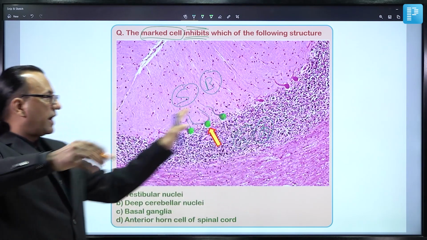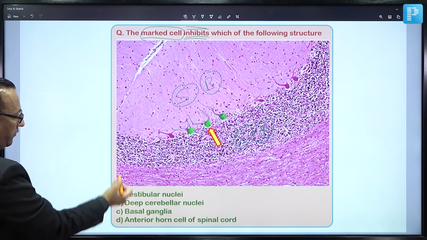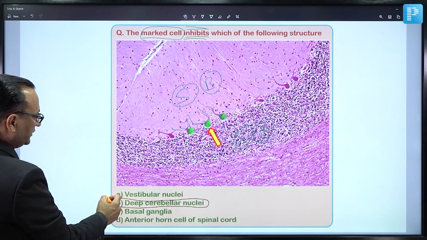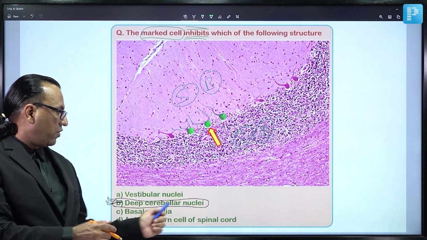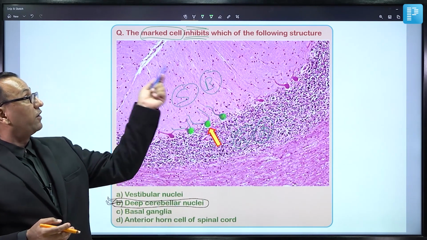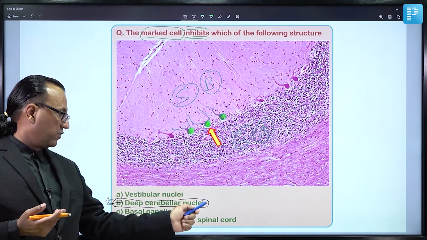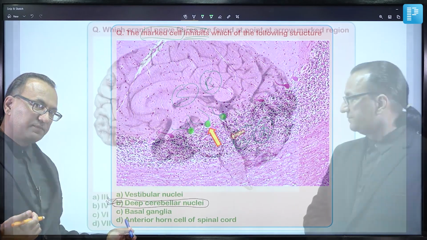And that gives us the idea. The answer to this question should be choice number B, the deep cerebellar nucleus, like the dentate nucleus. Cerebellar circuitry is another topic which we have to work upon, but presently the answer to this particular question, the Purkinje cell, inhibitory to the dentate nucleus or deep cerebellar nucleus, choice B should be our answer.